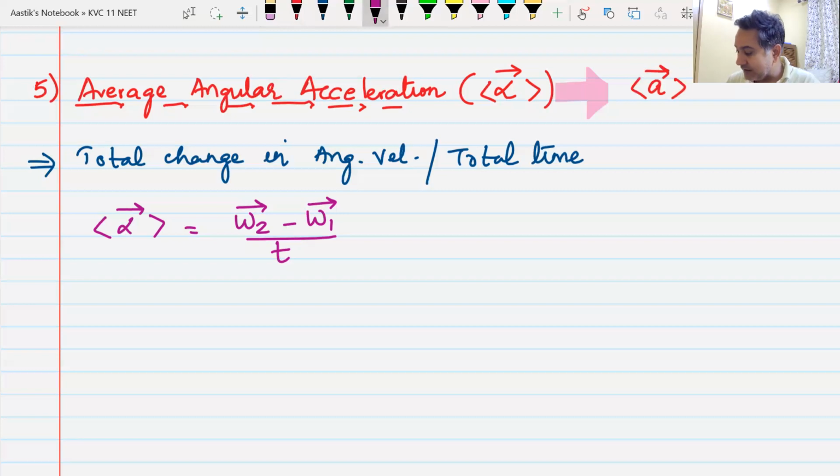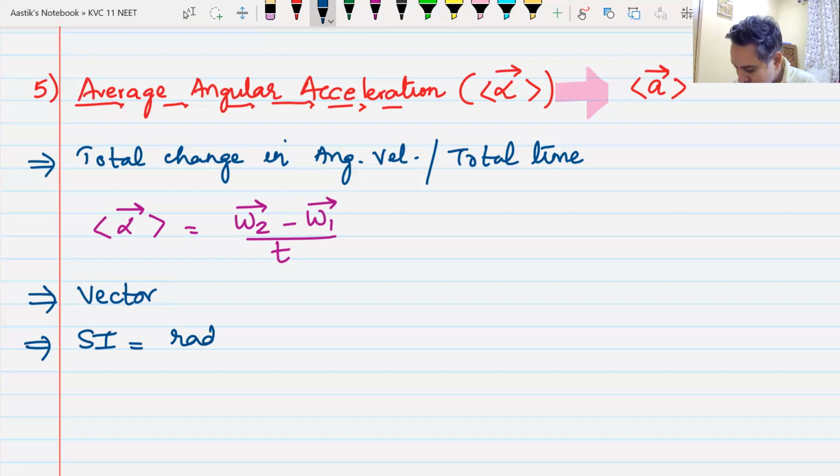What type of quantity is this? This is definitely a vector quantity. The SI unit is radians per second square. The dimension is T to the power of minus 2, because radian does not have any dimension.